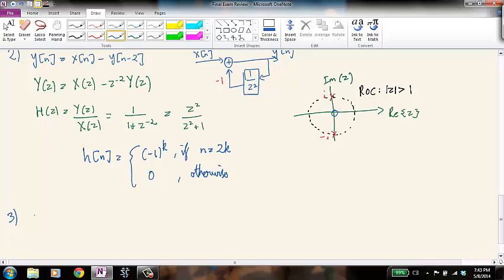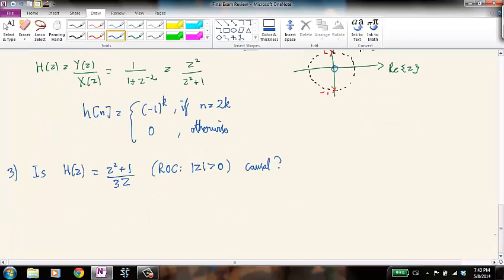Okay, so here's a question for you. Is this a causal system? The transfer function is z squared plus 1 over 3z.